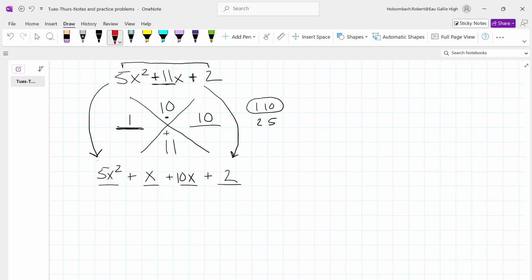So now we break this thing into two pieces, and we factor each. So 5x squared and x, the greatest common factor is just going to be x. And then we divide the x back into each term. So x into 5x squared goes 5x, and x into x goes one time.